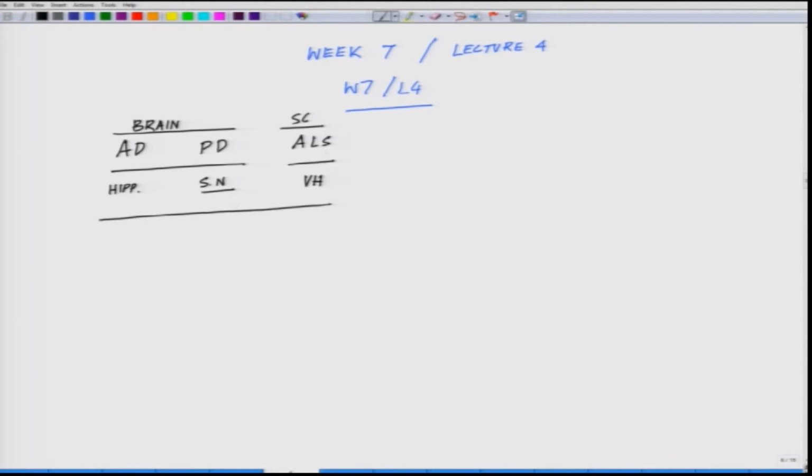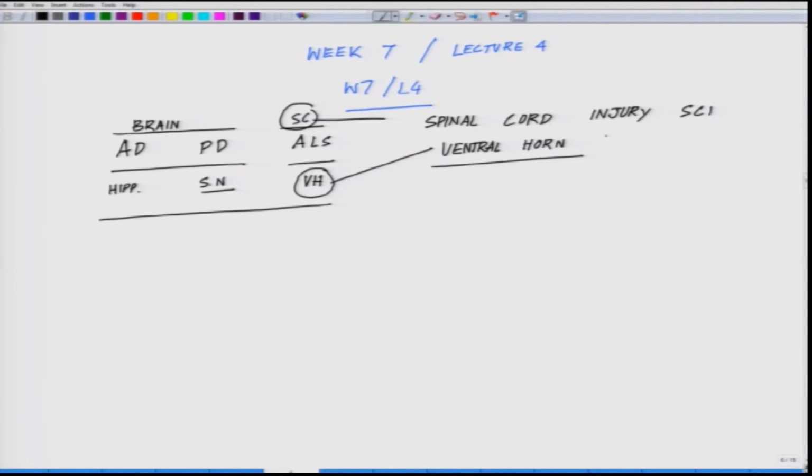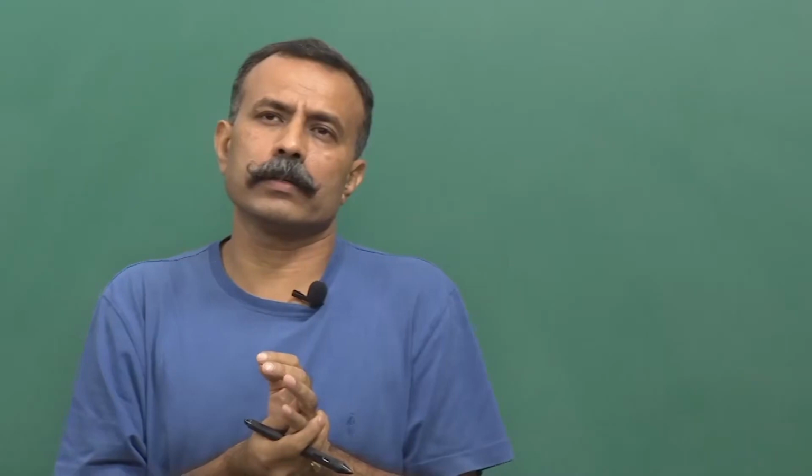So, now again we will be dealing at these levels, spinal cord injury, a big area in the Western world, mostly because of high speed driving and the severe impact which happens during accidents.